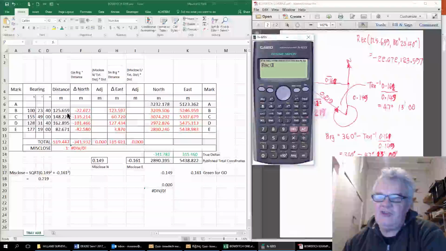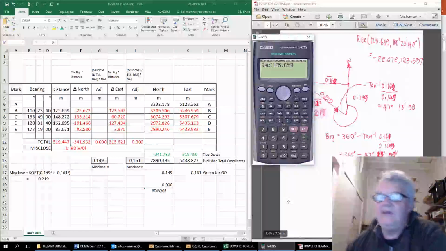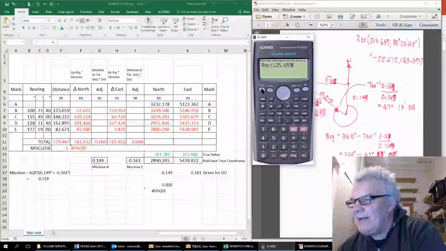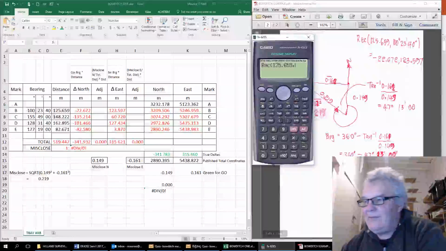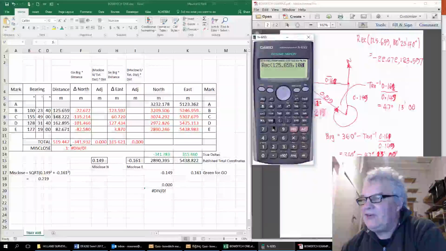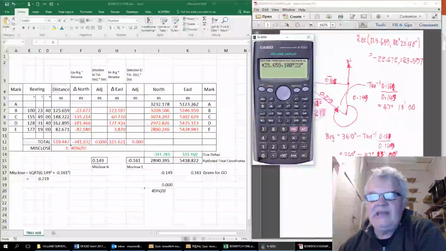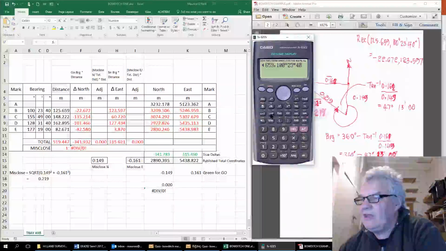Now you put the distance first, 125.659, and then you've got to use the comma, shift, comma, and then you put the bearing, 100 degrees, 23 minutes, and 40 seconds.